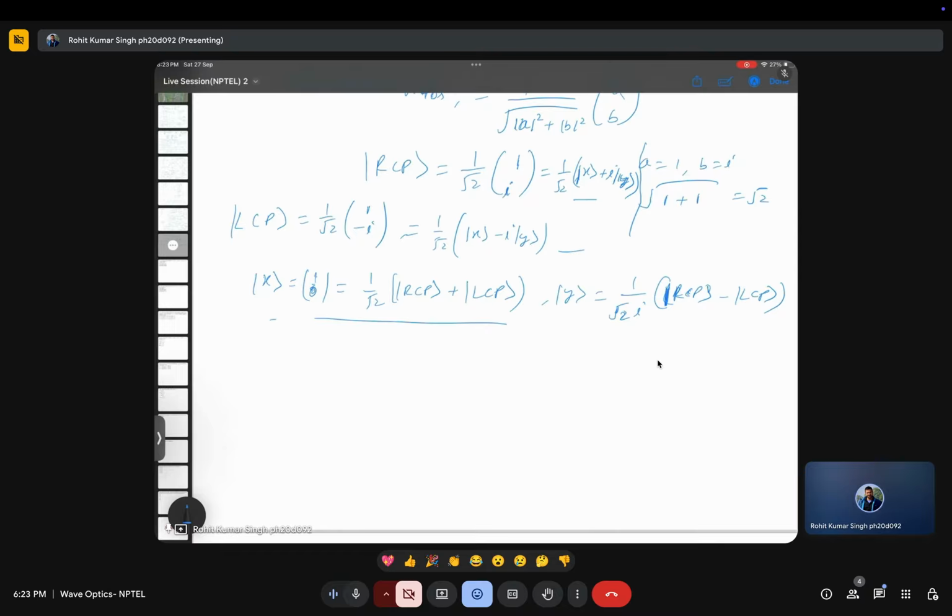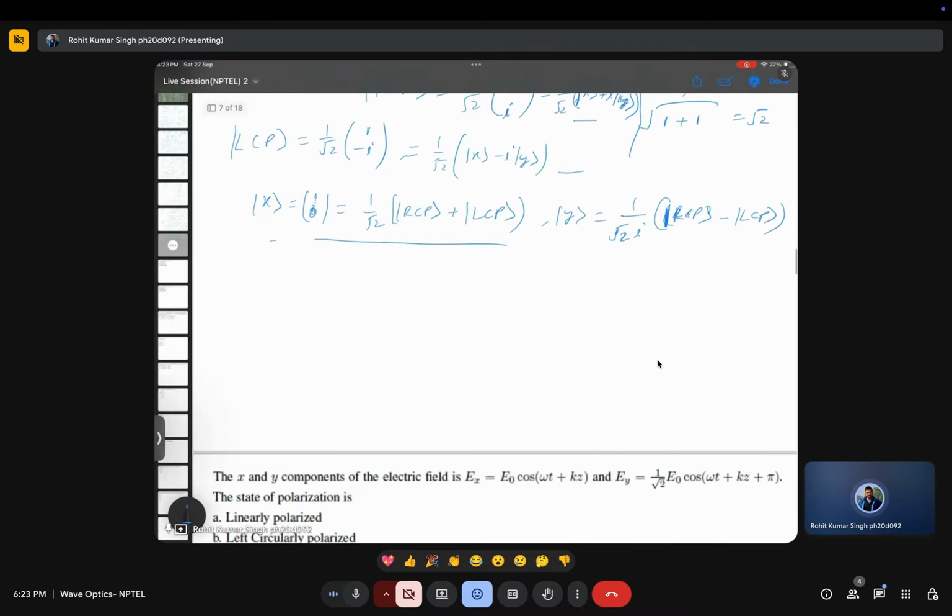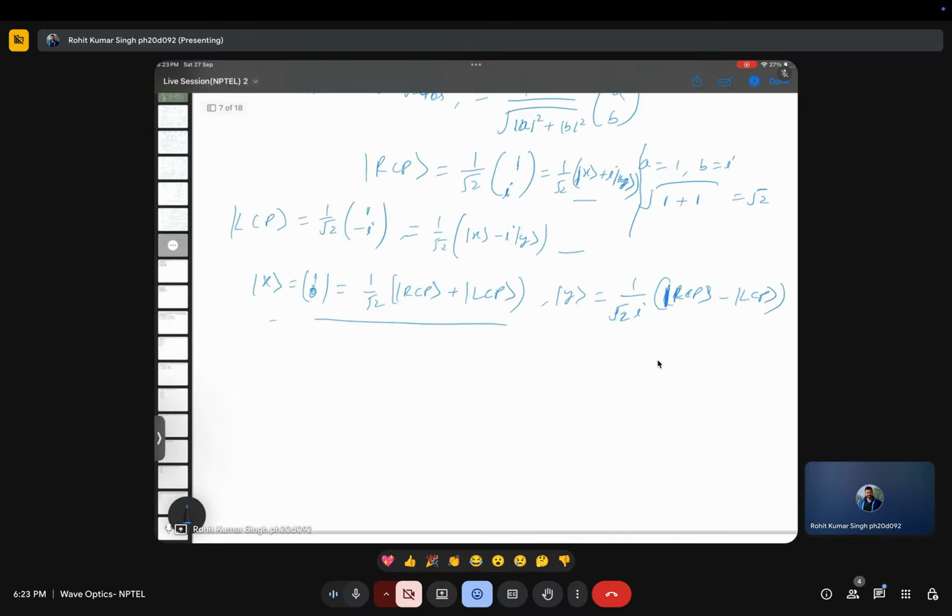Now you have a polarizer, or any material, which we call a phase retarder. It is a kind of polarizer, and it has a thickness d. What it does is delay the phase of the waves.